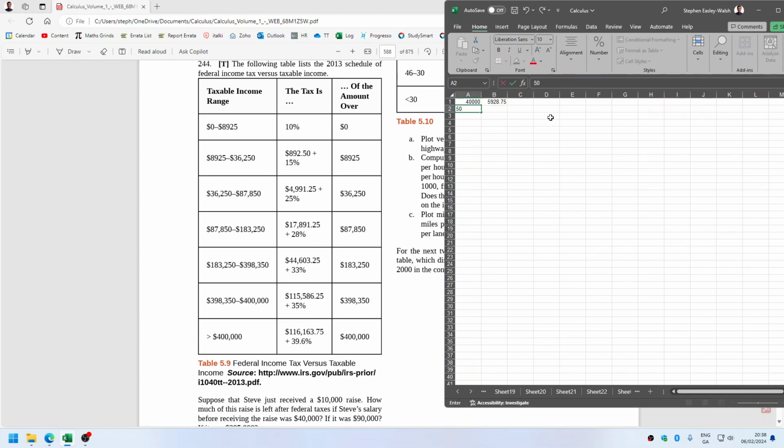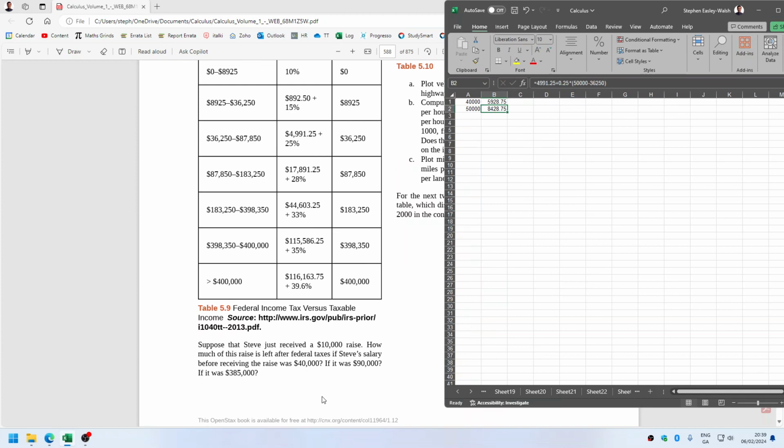And then if you got a raise, what would change actually? Just that this would be 50. And then if it was 90, and then 100, and then 385, and 395.